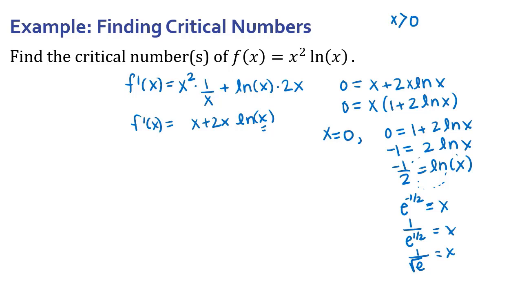All right, so if I'm looking at these, this is not in the domain of this derivative, and the original function as well. With both the original function and the derivative function, our x values have to be greater than 0. So that means there's only one place that this derivative is going to end up equaling 0, and that's going to be at 1 over the square root of e. So that is our critical number.